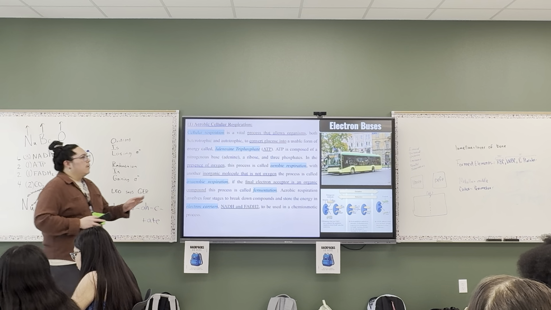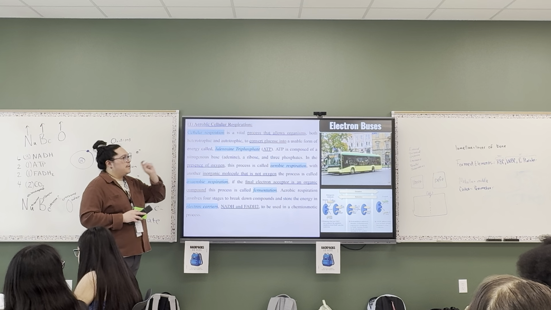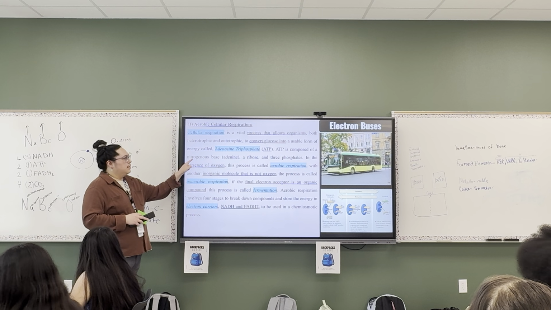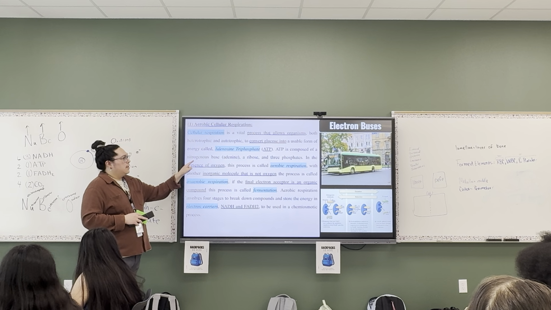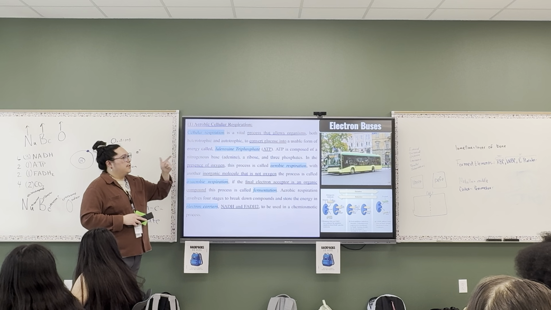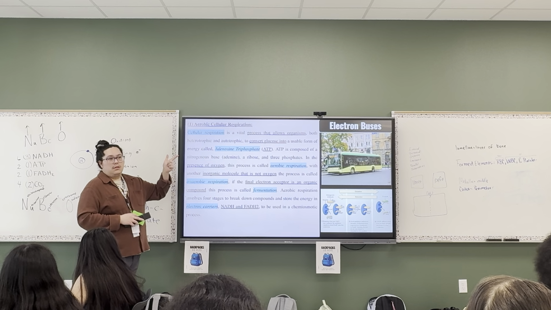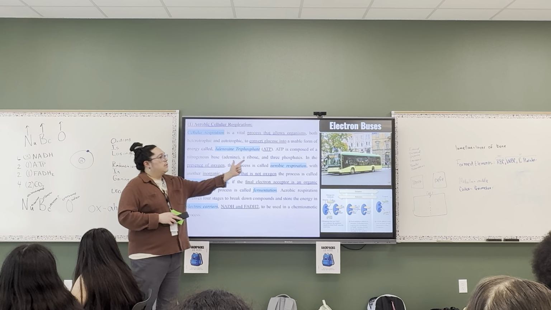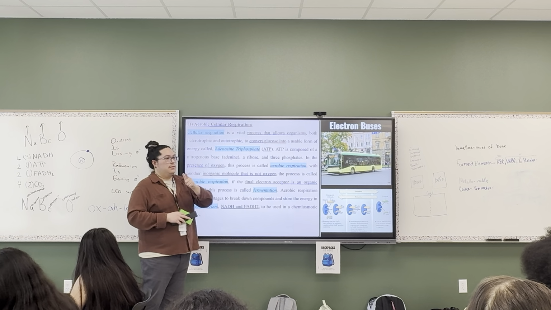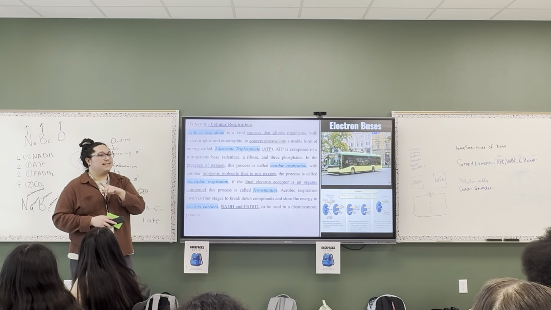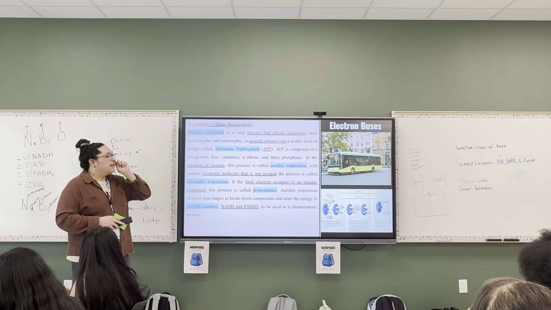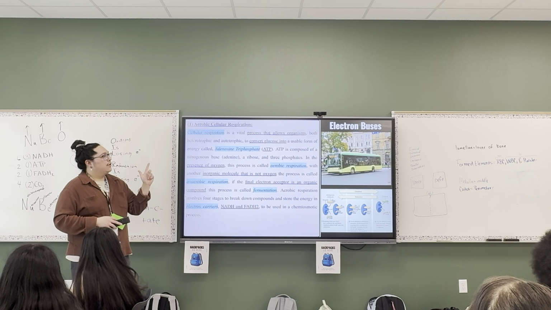Right there. So, looking at this first part, it says that ATP is composed of a sugar called ribose, because anytime it ends in ose, it's a sugar. Just like if it ends in ace, it's an enzyme. And how many phosphates? 3.